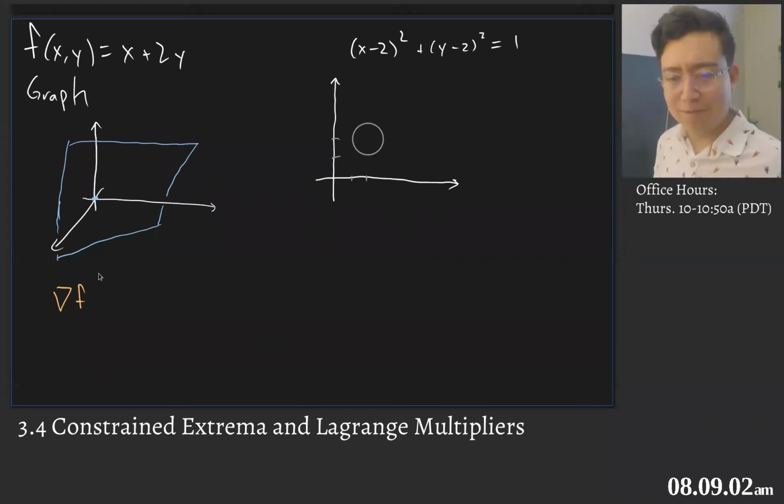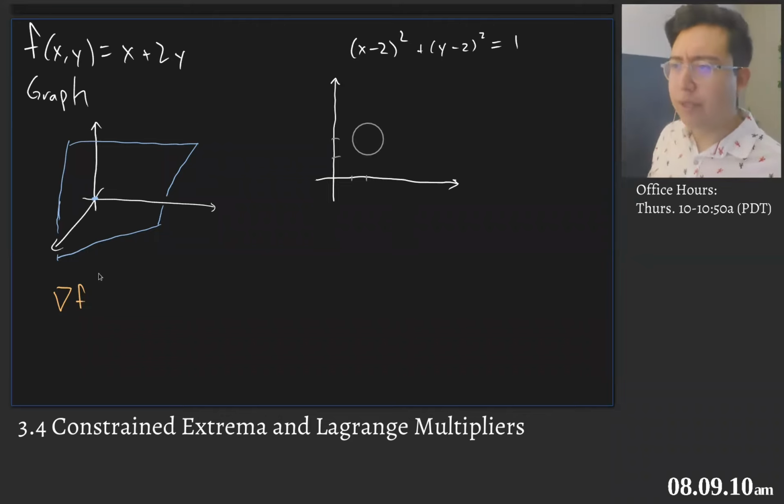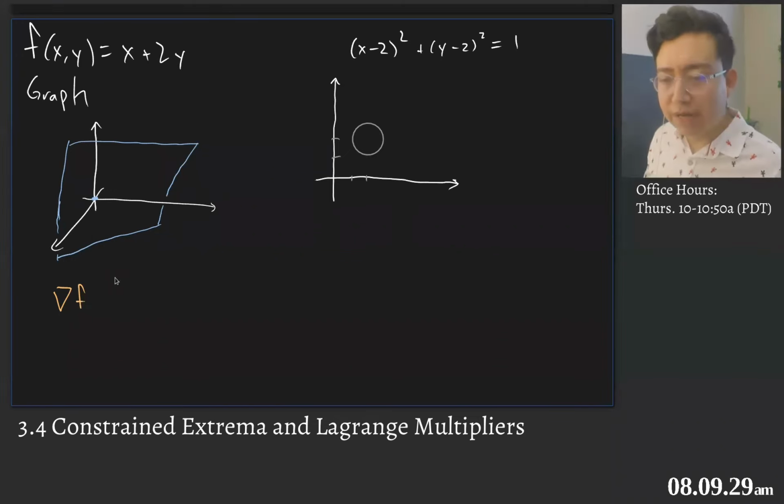Takers, go back through your notes. I think I formally wrote that one down in section 2.6. I wrote down formally that the gradient represents the direction of greatest increase. Remember that?